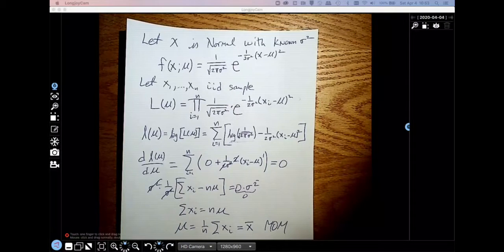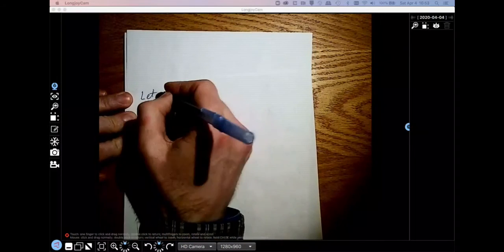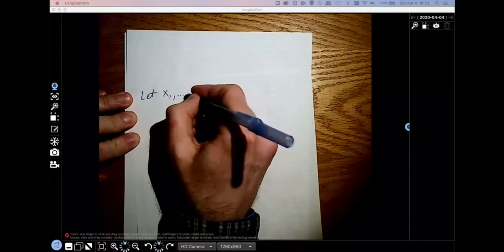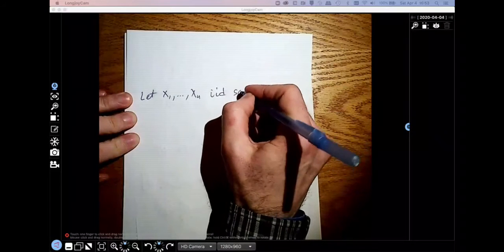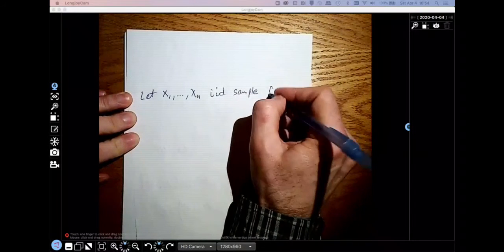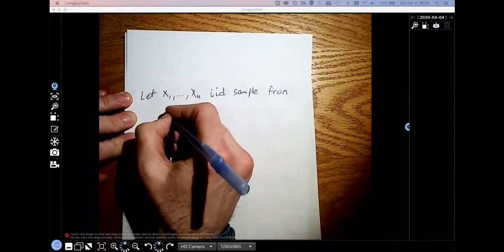So I'll give you one more example, and that example is an exponential distribution. So let's say that I have x1 through xn as an IID sample from the following PDF.